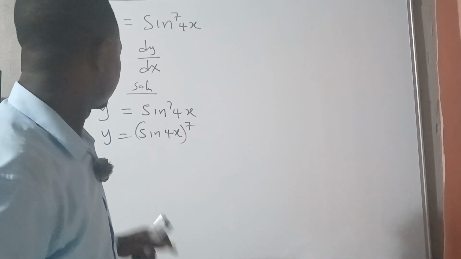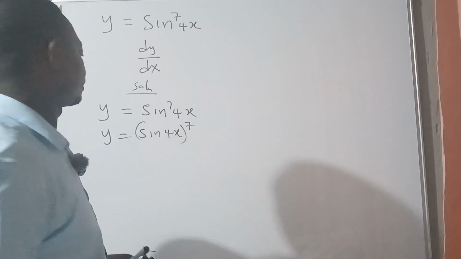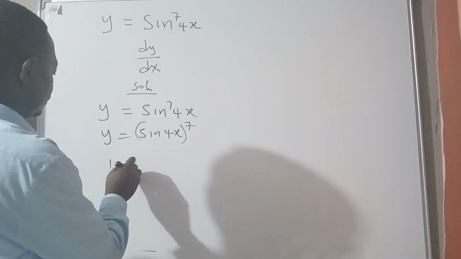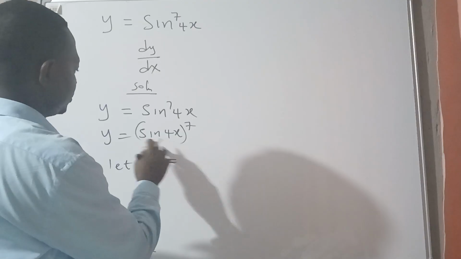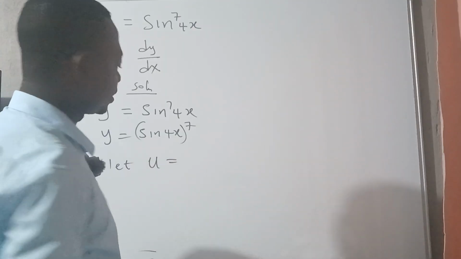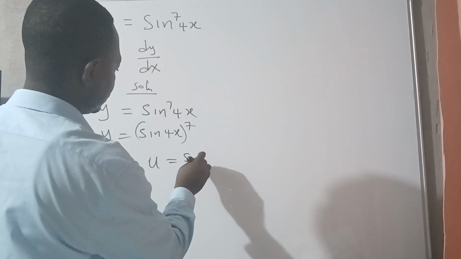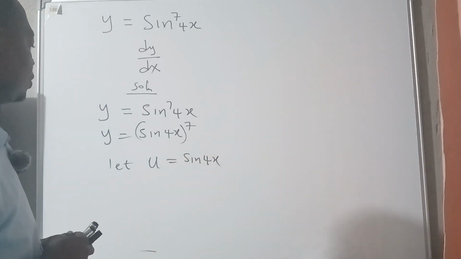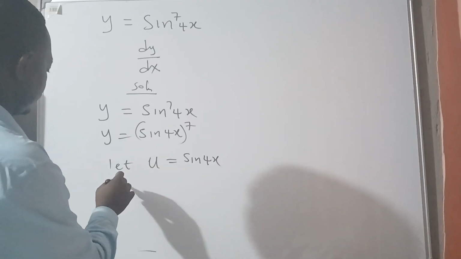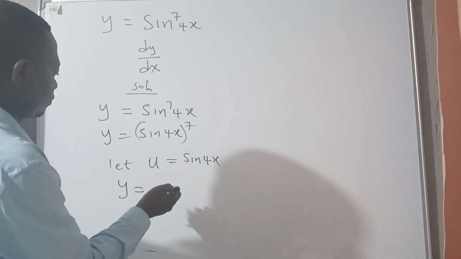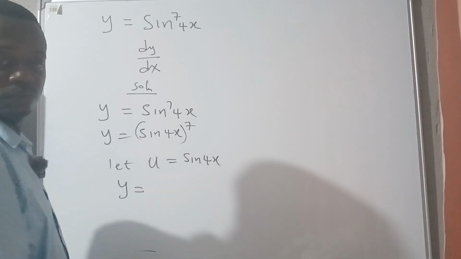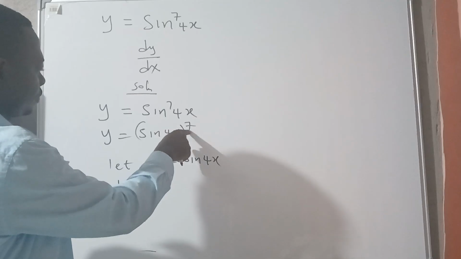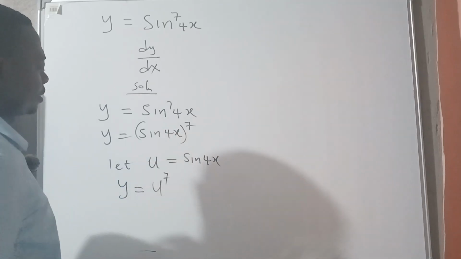So let u be what is inside the bracket, and that will be sine 4x. Going back, y equals u, and don't forget the power, to the power of 7.